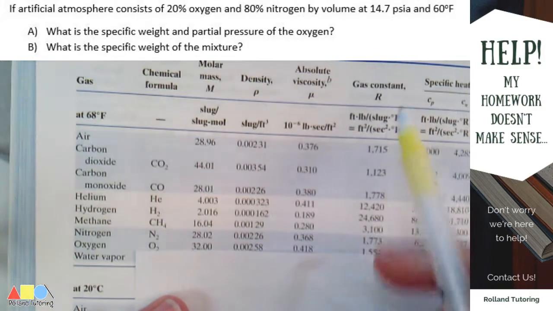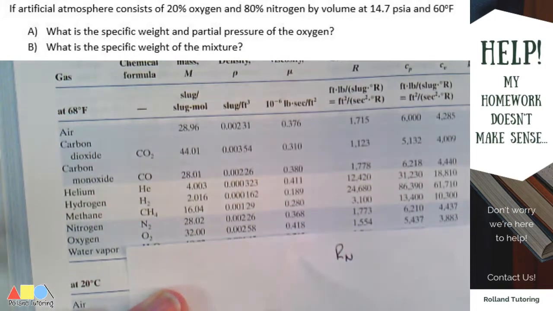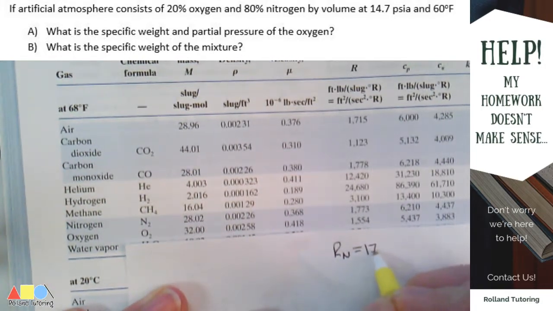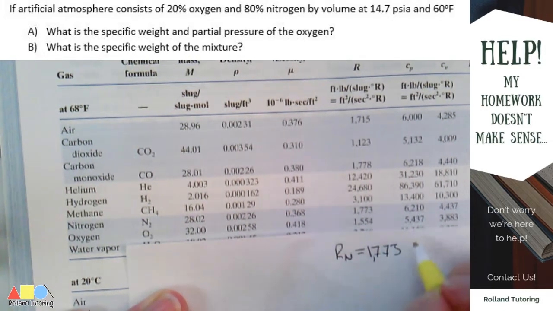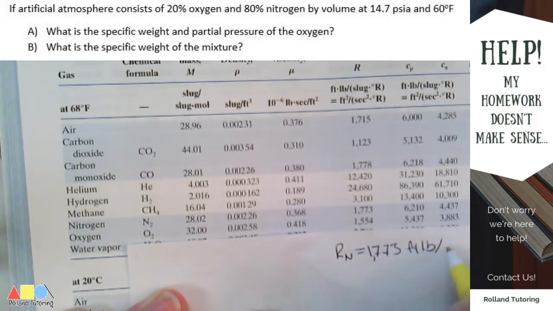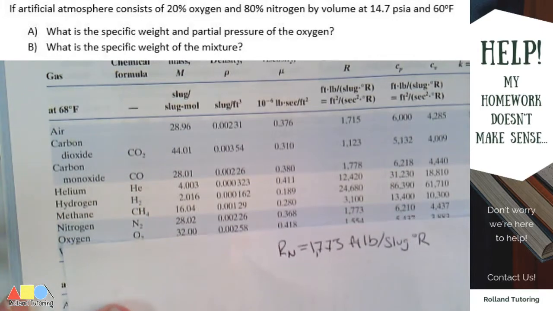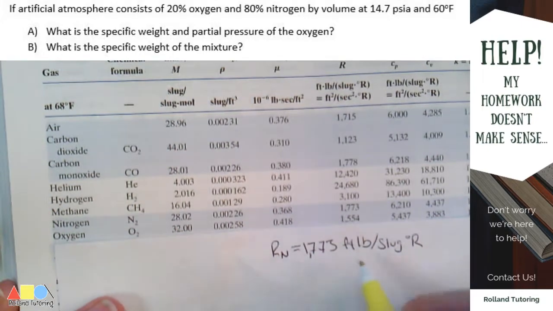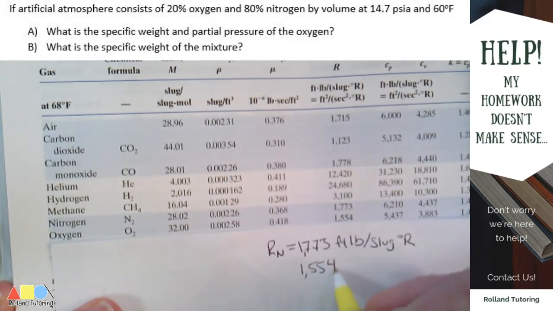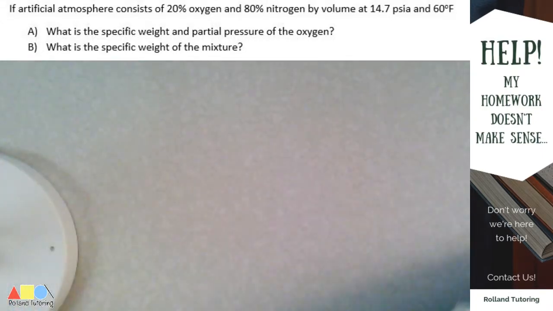We have the gas constant R of our nitrogen, R sub N equals 1773, in foot-pound per slug degree Rankine. And then we have our R value of the oxygen, 1554, with the same unit here. So once we have that, we can go ahead and start solving.